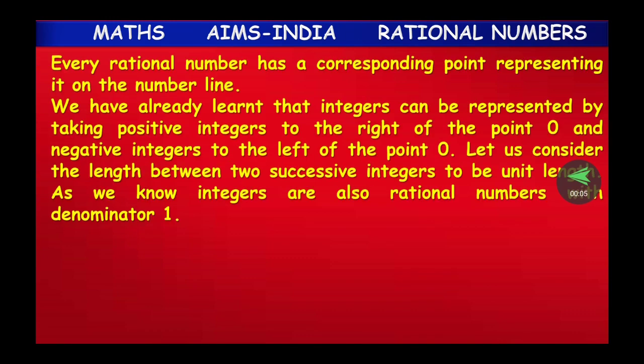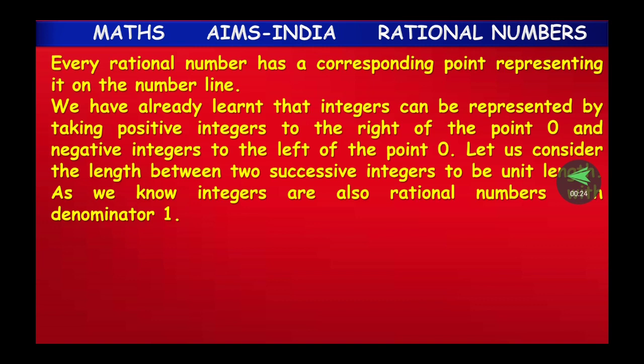Okay children, now let's learn about the number line concept. We have seen the comparison concept, next absolute value, and next how to represent these rational numbers on the number line.